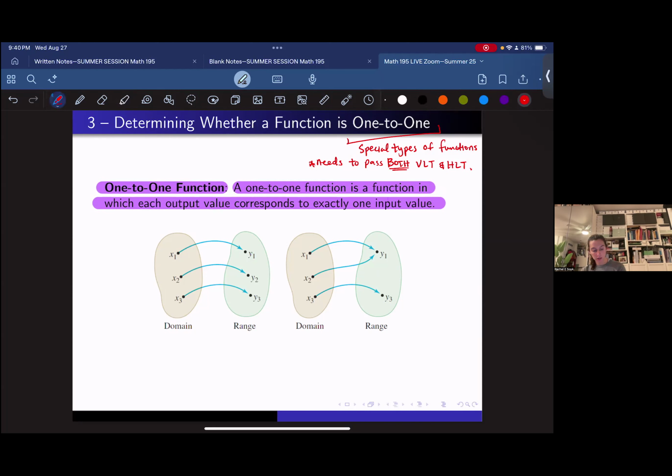And so there's a little typo down here. We should have a heading. This first diagram is an example of a one-to-one function, whereas the second diagram is a non-example. We still have a function here, it's just not one-to-one.